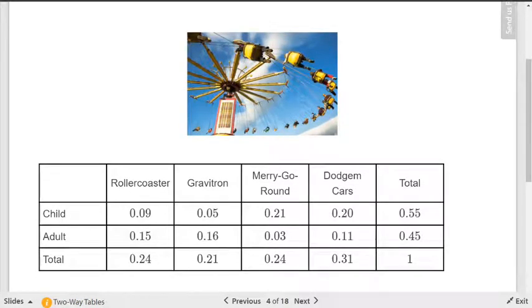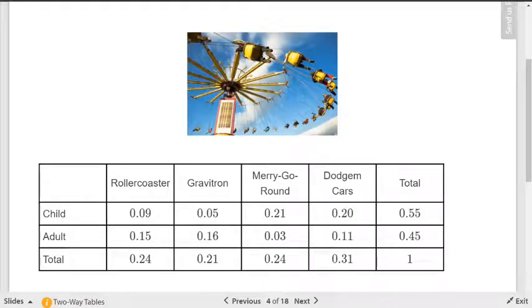Now notice that it's a two-way table, but it's got 4 pieces of information. Two ways just means across and down. It doesn't mean 2 pieces of information and 2 pieces of information. So we have roller coaster, gravitron, and so on. And then down on the side, we have either child or adult. And you probably don't have 0.09 of a child, right?